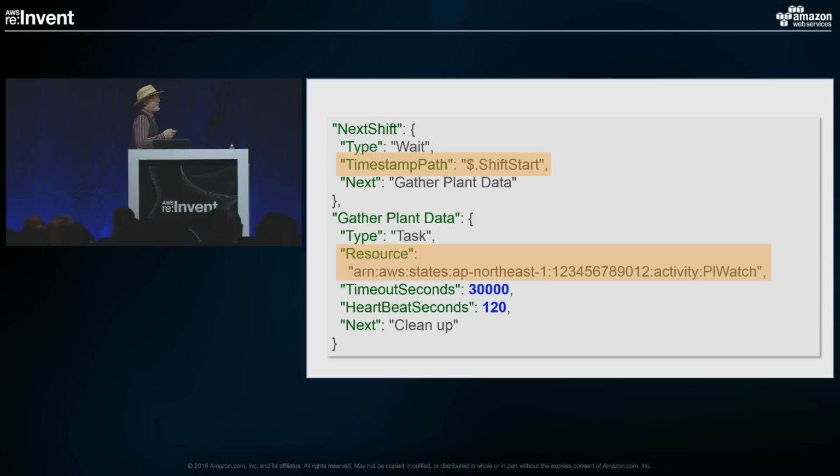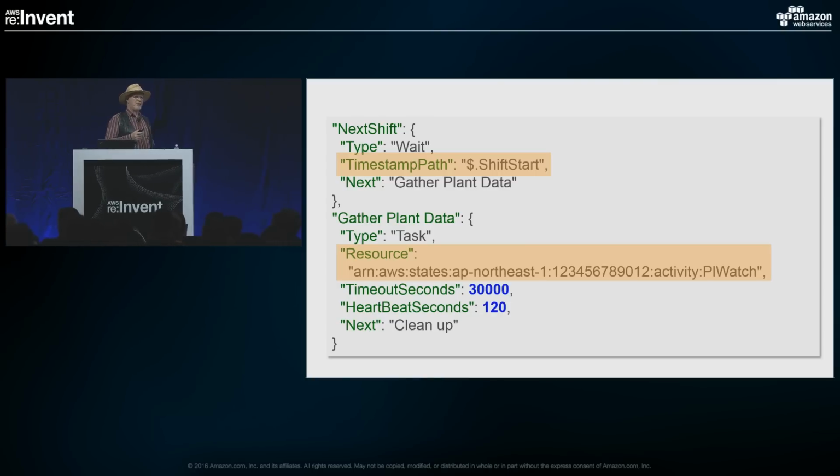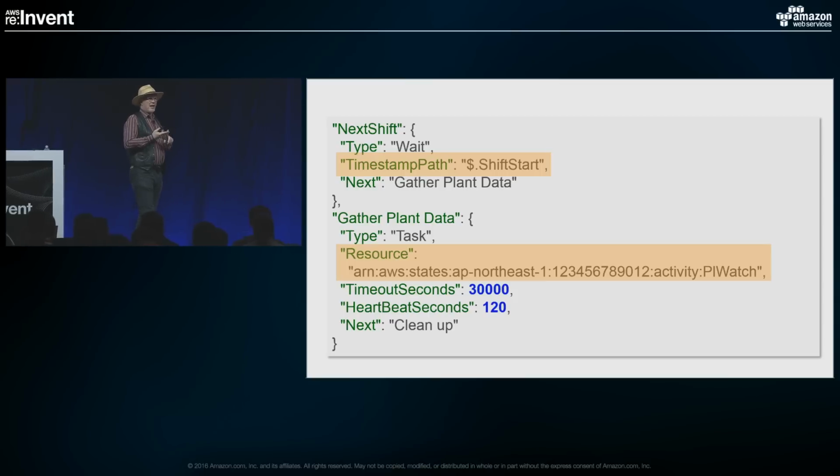And in fact, if you think carefully, there's a big extensibility point here. Essentially, we have a task state, and the thing that it's supposed to do is just a string, which is an ARN. And at the current time, we support lambdas, and we support activities.